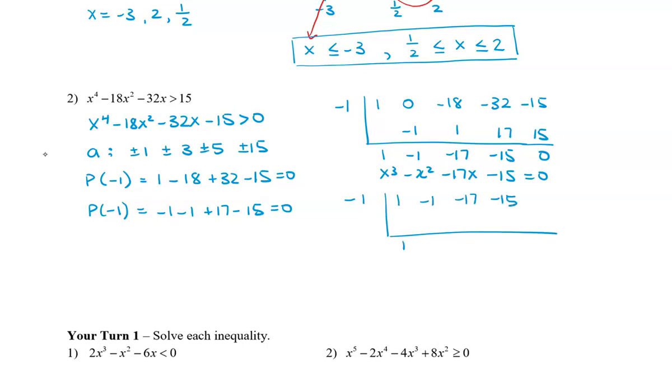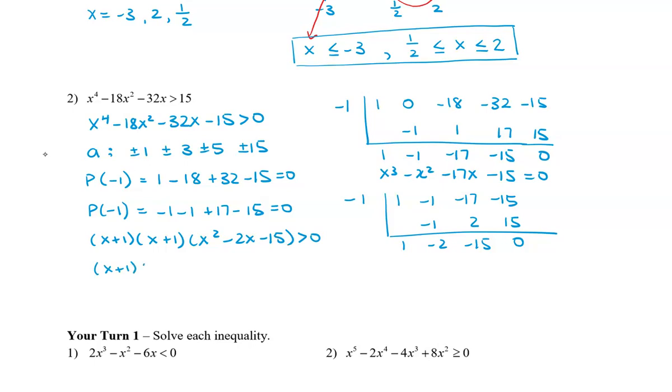Okay, so we're going to do our synthetic division again. Okay, and then we get 0. Great. All right, so what we have is a factor of x plus 1, another factor of x plus 1, and then x squared minus 2x minus 15 greater than 0.